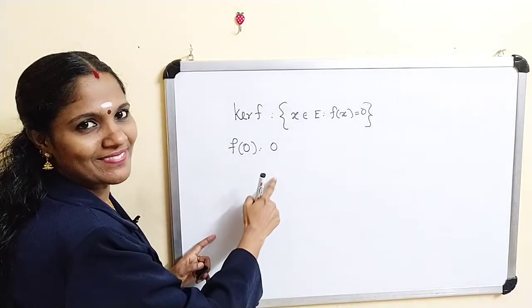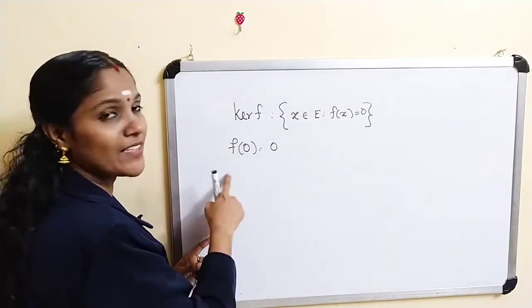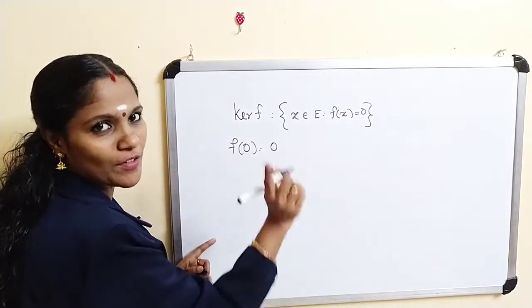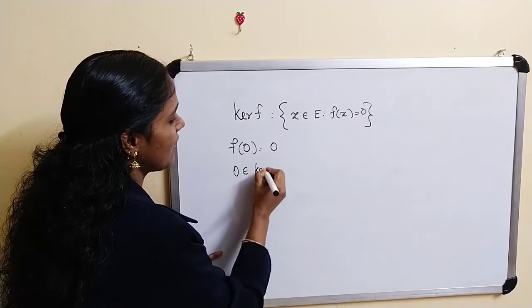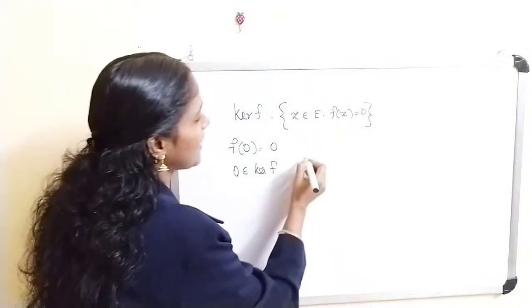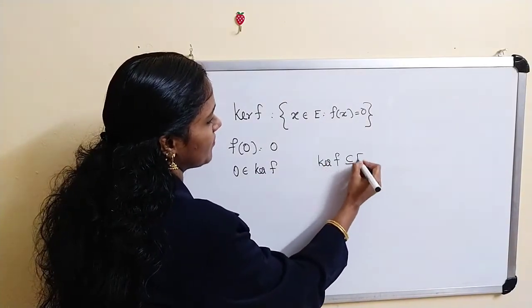We have discussed this in our linear transformation, so you try to prove here f of 0 equal to 0. So clearly 0 belongs to kernel f. Therefore kernel f is a non-empty set. Also kernel f is clearly a subset of E.